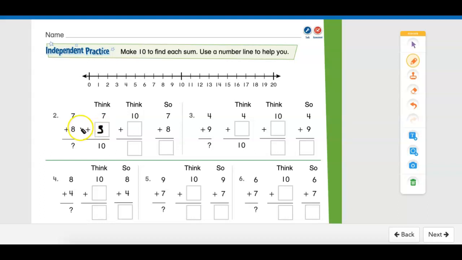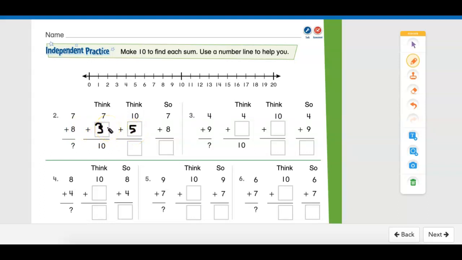So we need to see 3 plus what number gives us 8? 3 plus 5 gives us 8. So all we've done so far is break the number 8 into two numbers. So it wants us to use 3 and 5.